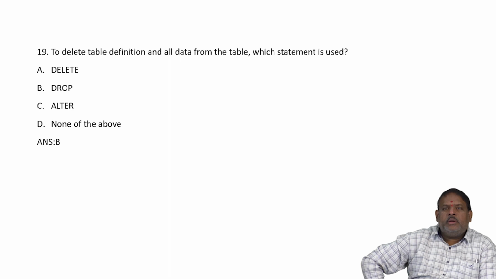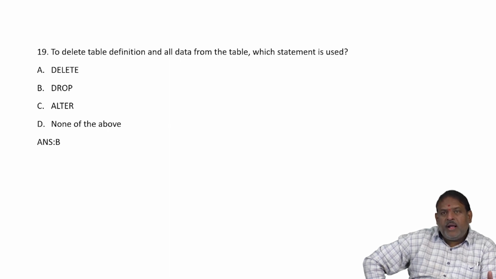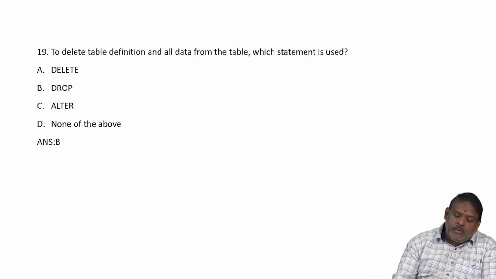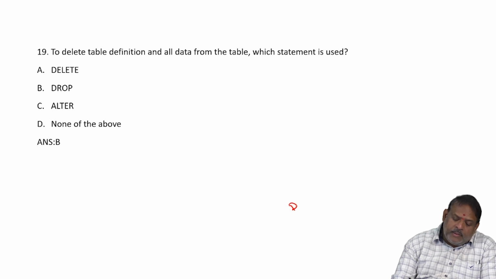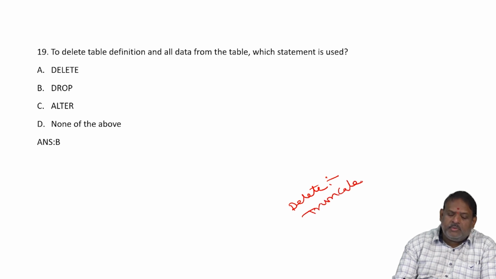To delete the table definition and data from the table, which command can be used? The question is to delete the table definition and the data. If it is only deleting the data, you can use truncate or delete. But it says you want to delete the table definition also.